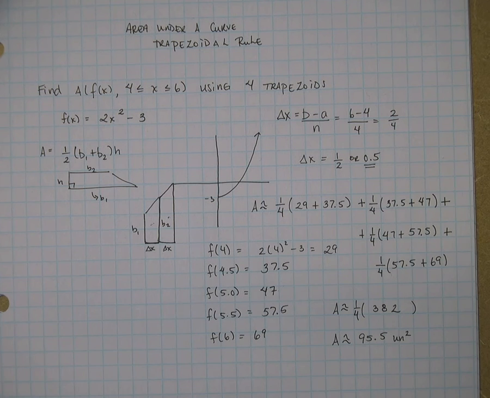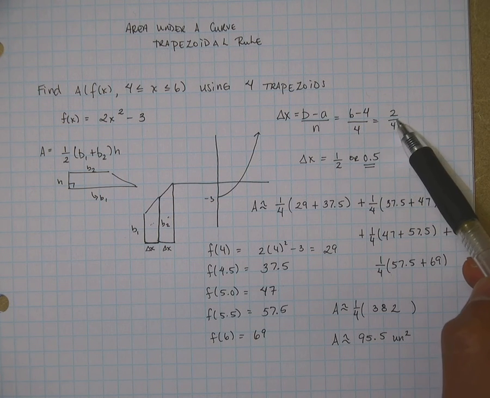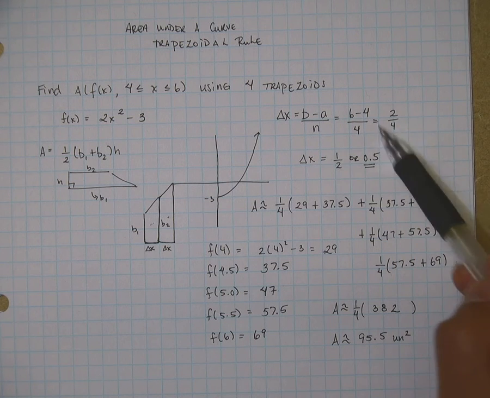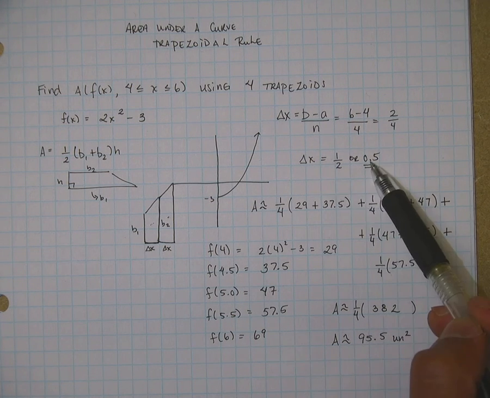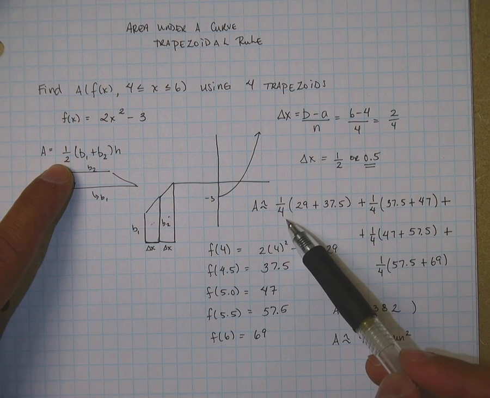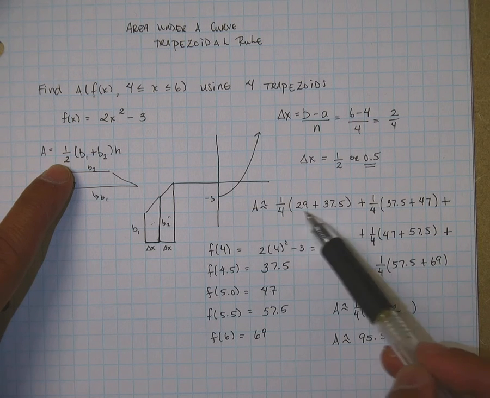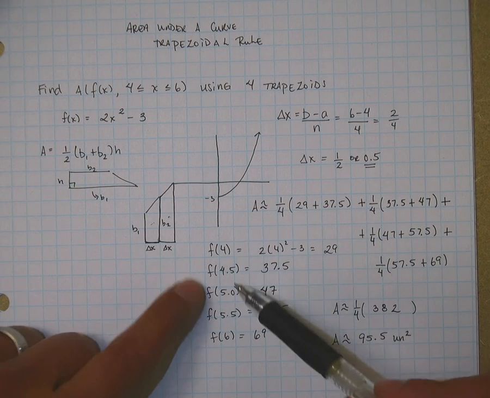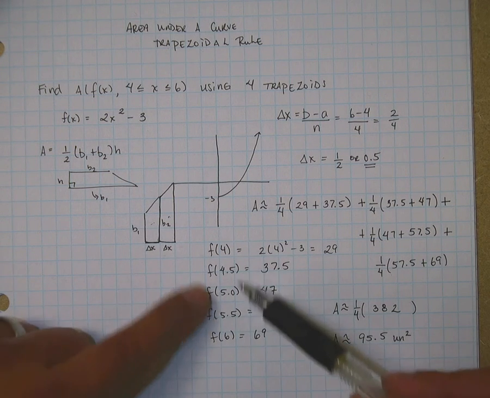Alright guys, so that's how you use it. Remember, delta x is b minus a divided by the number of rectangles, and whatever your delta x is, you have to divide by 2. That gives you the figure in the front. Now for your bases, you have to figure out which heights you're going to use; those are my y values.